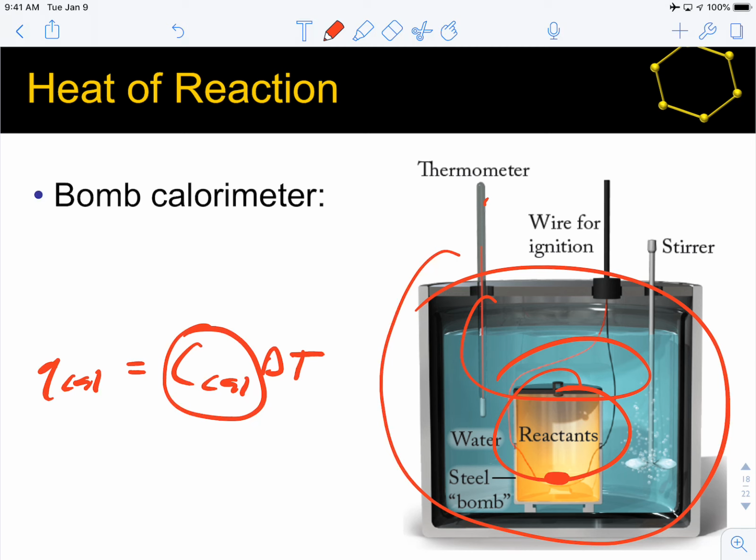And then when you get that number, you could put it in terms of moles of whatever substance you put in there. So if you put a gram of Snickers bar in there, you can convert that to a mole of Snickers bar, if you will. That'd be pretty difficult since we don't know the molar mass of something like that, but you get the idea.